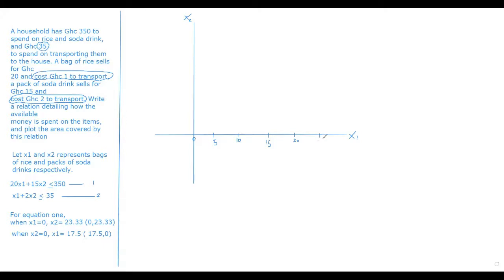We use the same scale for the S2: 5, 10, 15, 20, then 25.